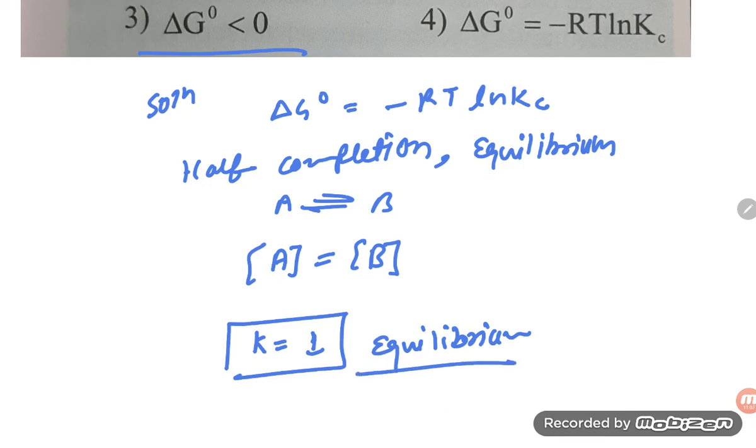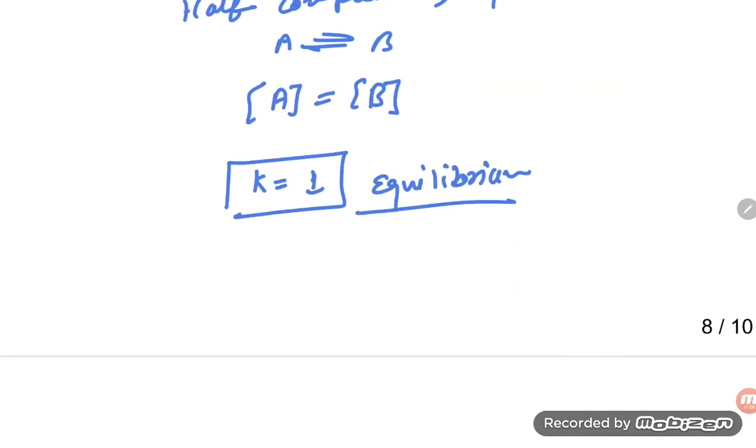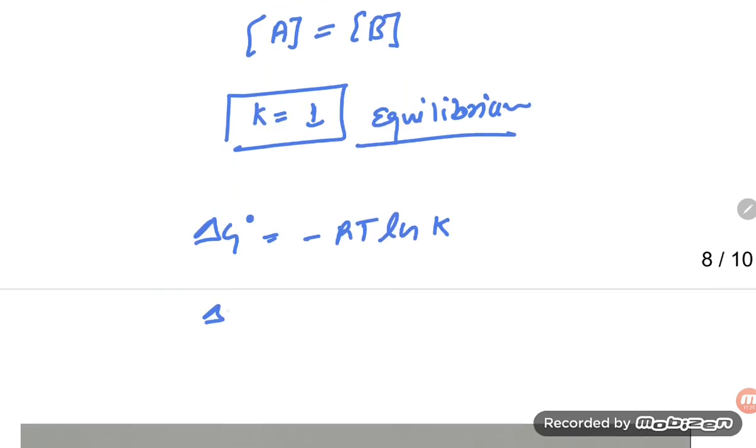Now if K is equal to 1, so let us have a look over the delta G value. Delta G naught is equal to minus RT ln K value. K value how much is there student? 1.